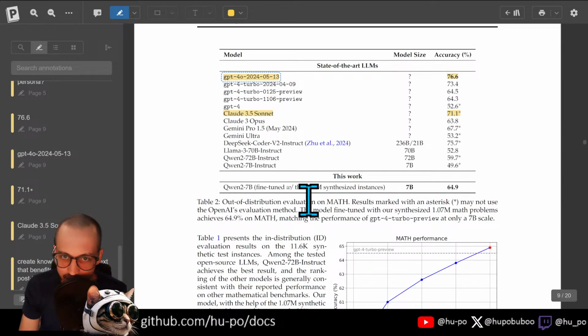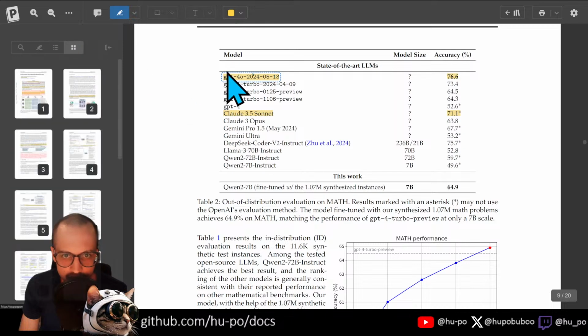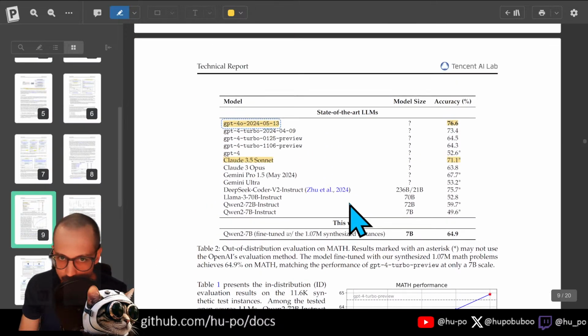Out of distribution evaluation on math. I thought this was interesting because this is scrolling down in table 2 of this Tencent paper. It's kind of a throwaway table buried in the paper, but Claude 3.5 Sonnet is losing to GPT-4o, which is interesting because of the zeitgeist and the word around town.